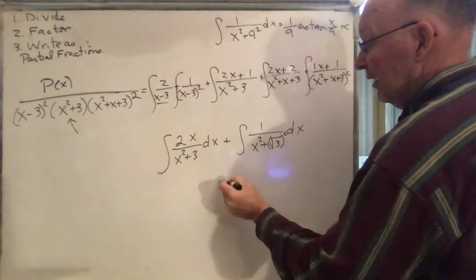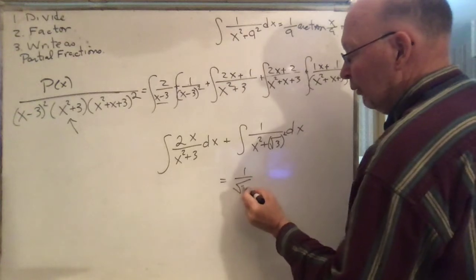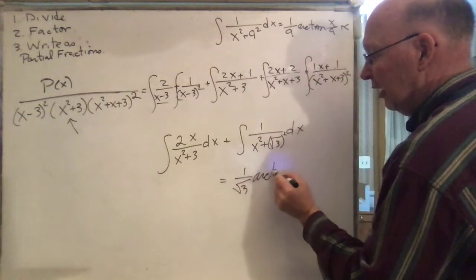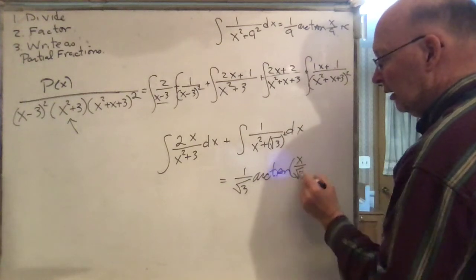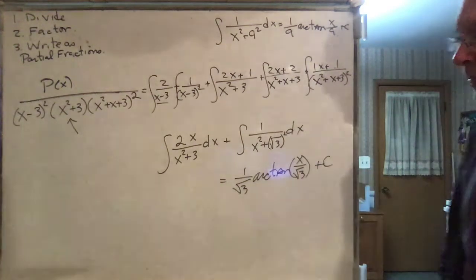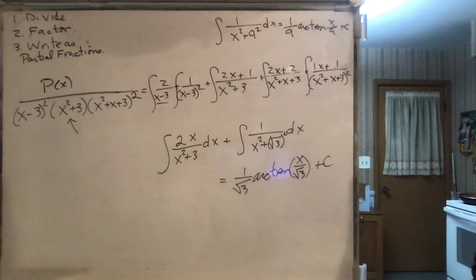So this thing right here is going to be 1 over the square root of 3 times the arctan of x over square root of 3 plus c. See that? So that's how that one works. Okay, very good.